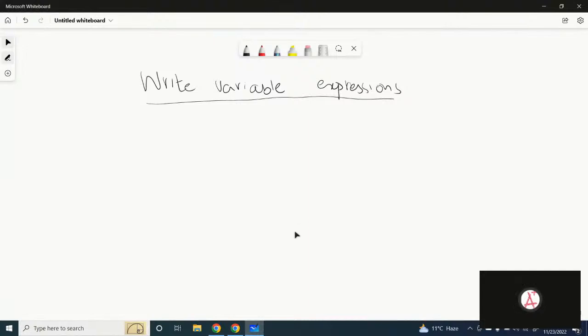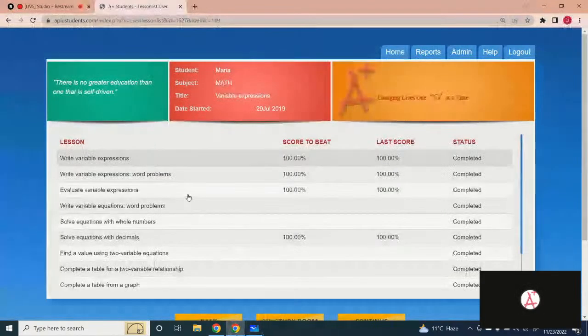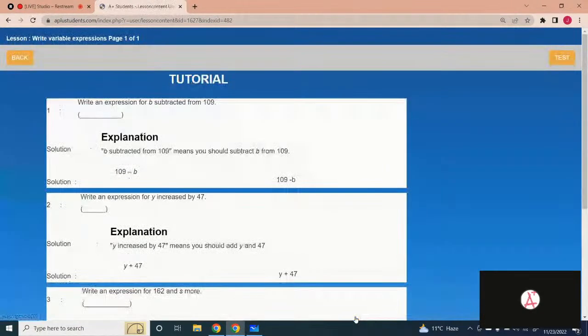Okay, let's start with the examples. Write an expression for b subtracted from 109.